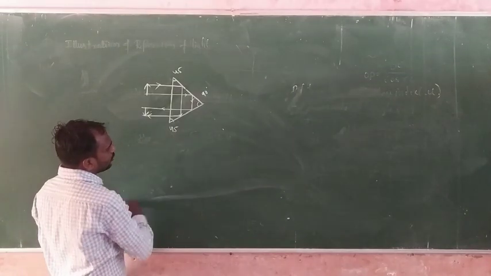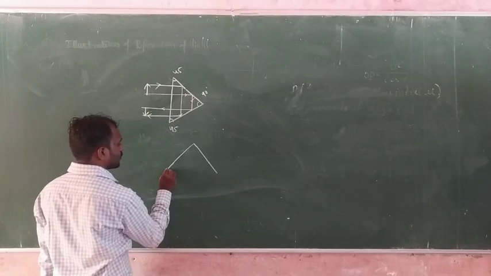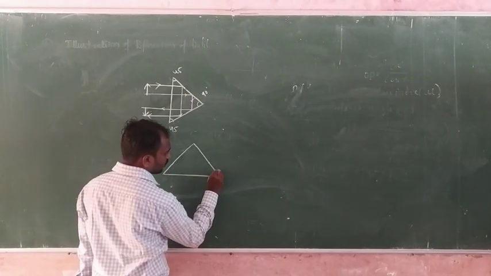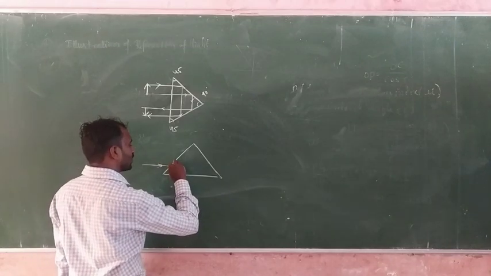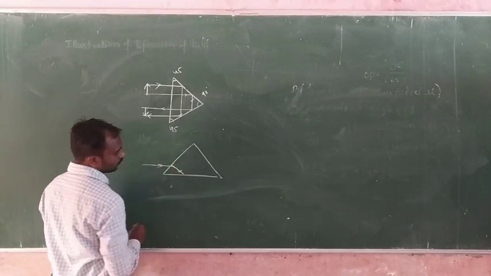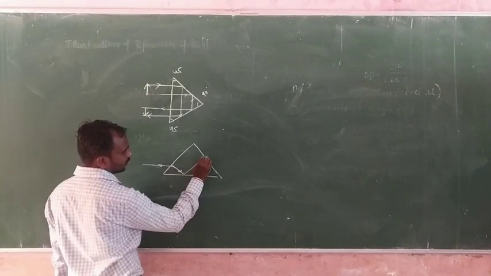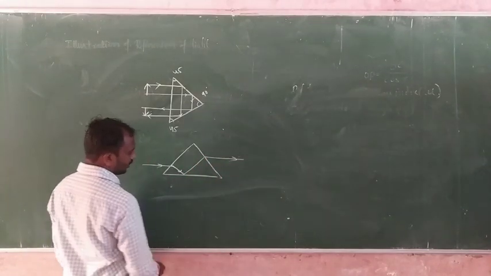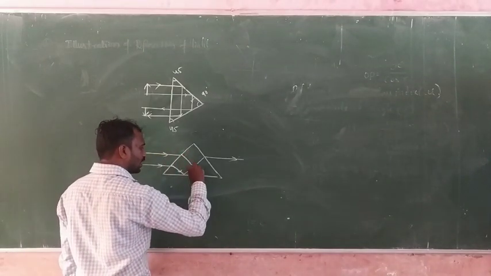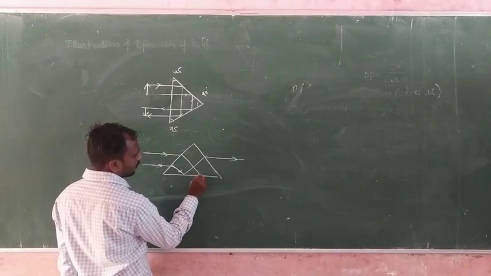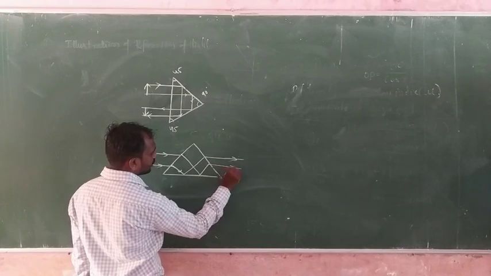Another condition: the incident ray is reflected, and again the light ray is reflected, and we get the emergent ray. Another is the incident ray, the refracted ray, and the light ray is reflected and emerges.